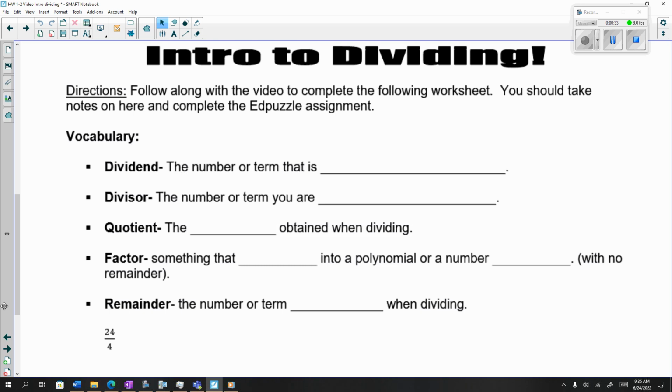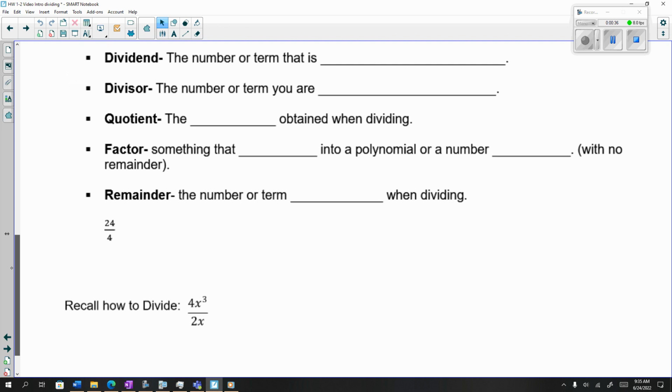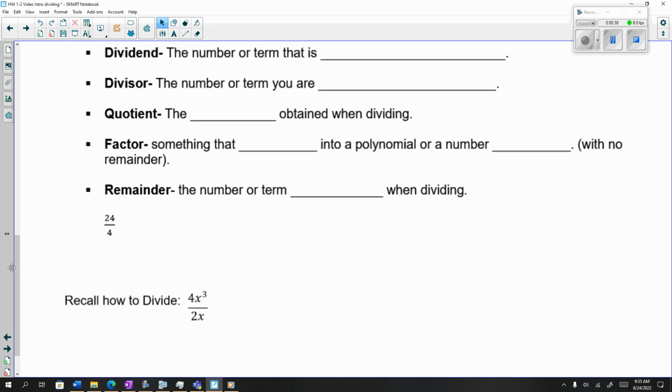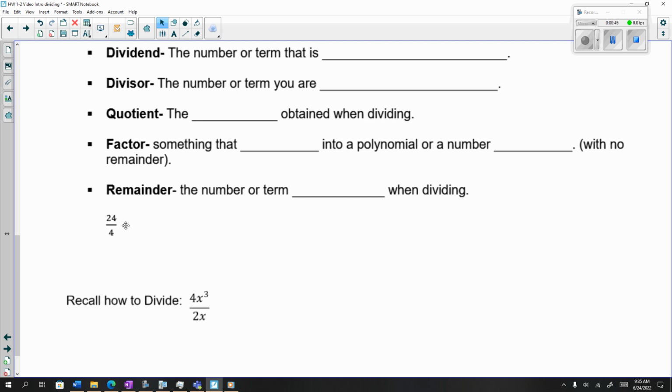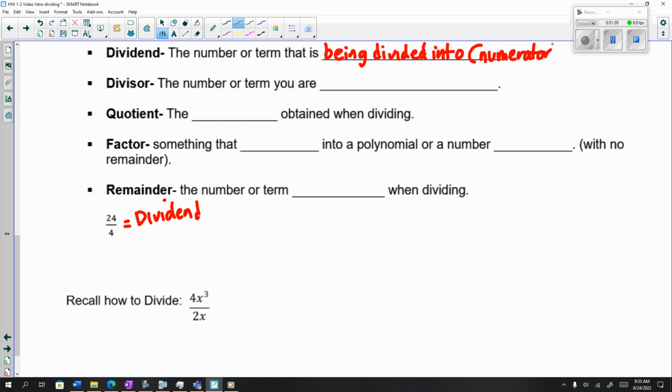I'm going to go to the bottom here and talk about the numbers 24 divided by 4. The number that you're dividing into is called the dividend. So the 24 in this case is the dividend. A number or a term that is being divided into. If you're looking at a fraction, that's like your numerator of your fraction, okay?